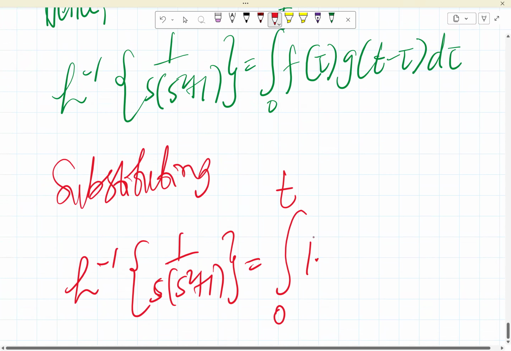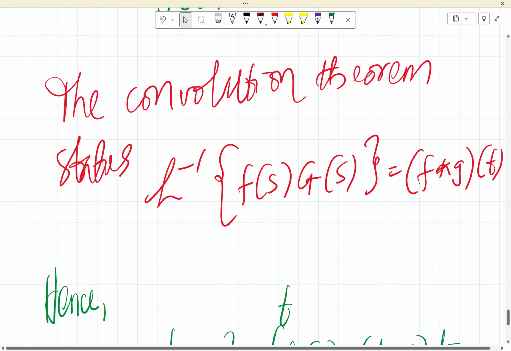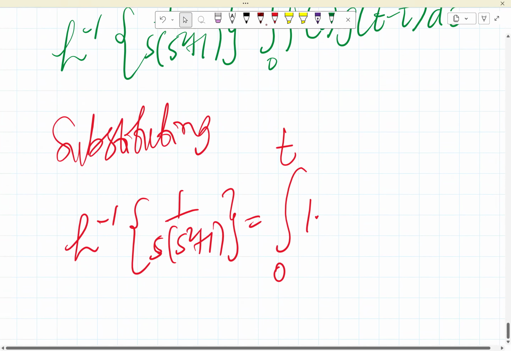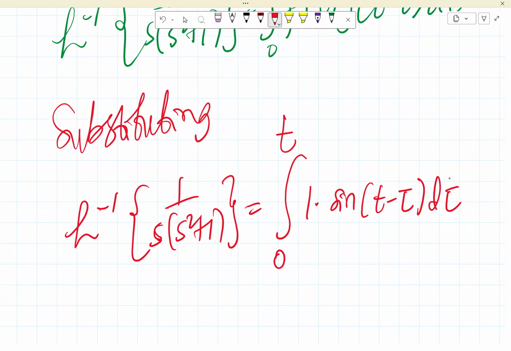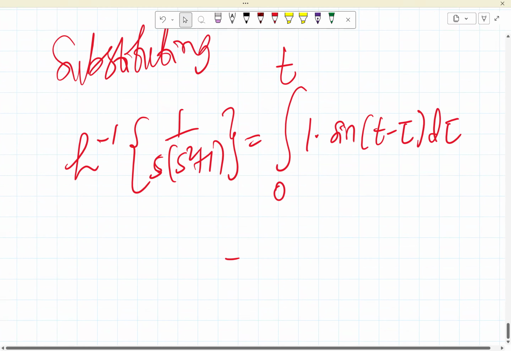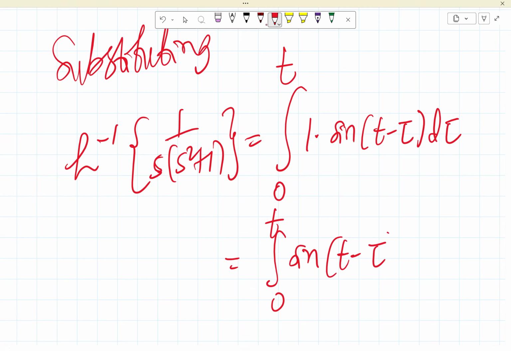So we have 1, then g of tau is sine of t minus tau d tau. So that's what we have now. This can be easily tidied up to the integral from 0 to t of sine of t minus tau d tau.